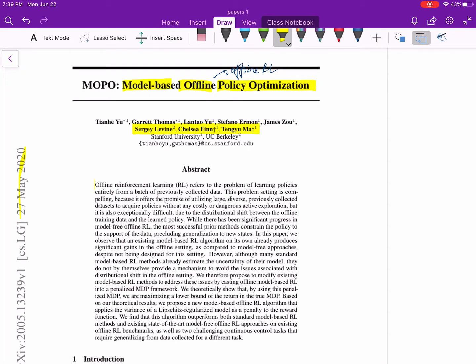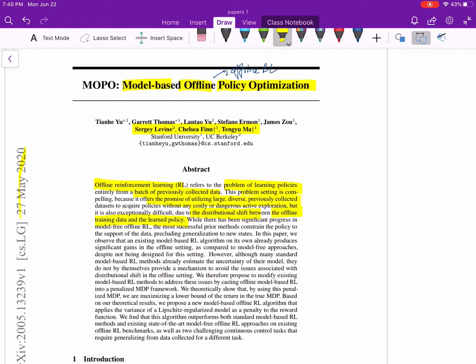Offline RL, as usual, is the problem where we learn policies based on previously collected data instead of interactively collecting data with the environment. So, yeah, this problem, as usual, is compelling. It offers the promise of utilizing large, diverse, previously collected data sets. But yeah, as usual, we have many difficulties like distributional shift between the offline dataset and the learned policy.